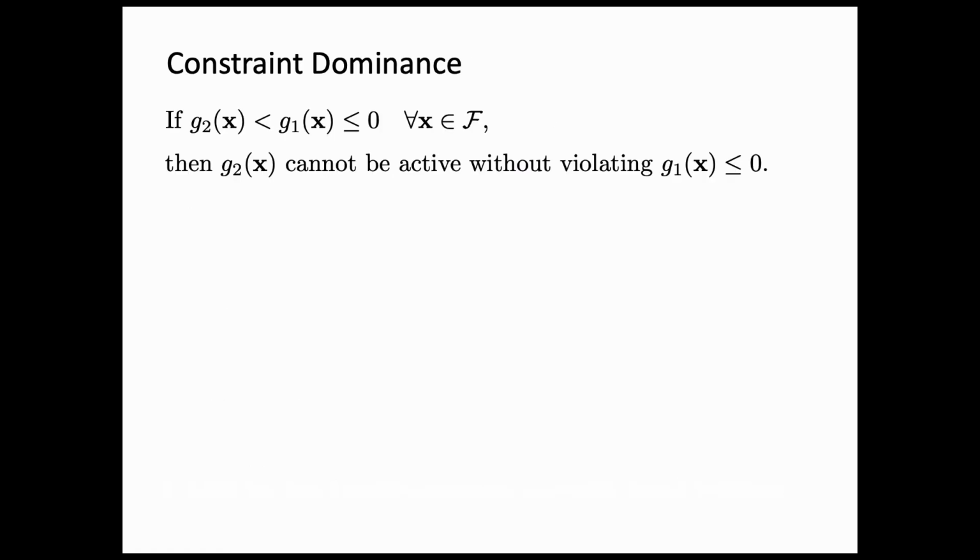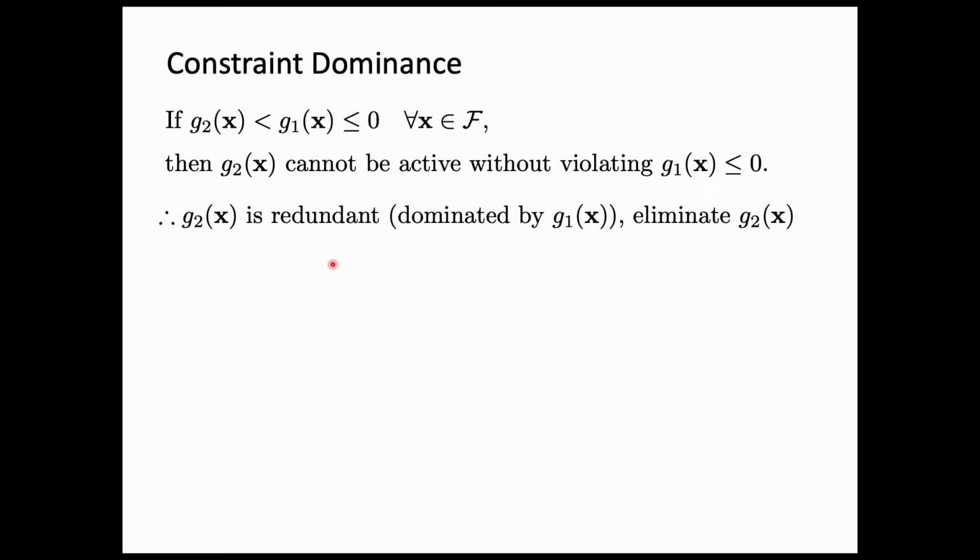Let's introduce one more definition. Here we're talking about constraint dominance. We can say that if for any point x that is feasible in an optimization problem, it is always the case that the value of a constraint, say g2, is strictly less than the value of g1 at the same point, and both of those values are less than or equal to 0, so they're feasible, then g2 cannot be active without violating g1 of x.